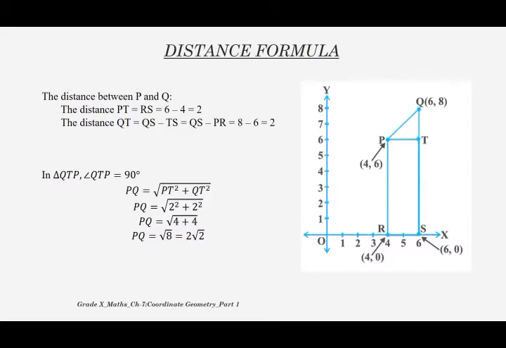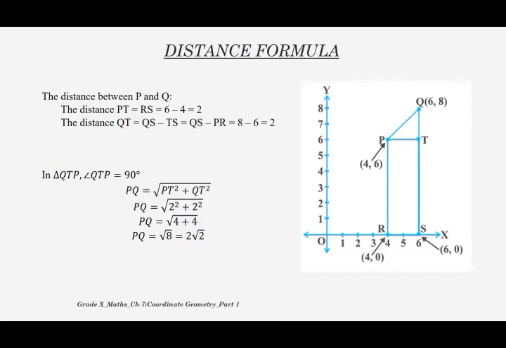The distance PT is the same as the distance between R and S, which is 6 minus 4, so 2 units. The distance QT can be derived as QS minus TS. And since PR and TS are parallel and equal, TS will be equal to PR. So 8 minus 6, 2 units.